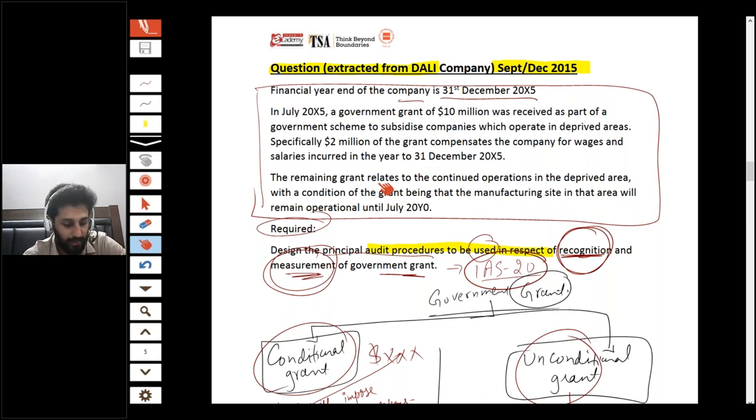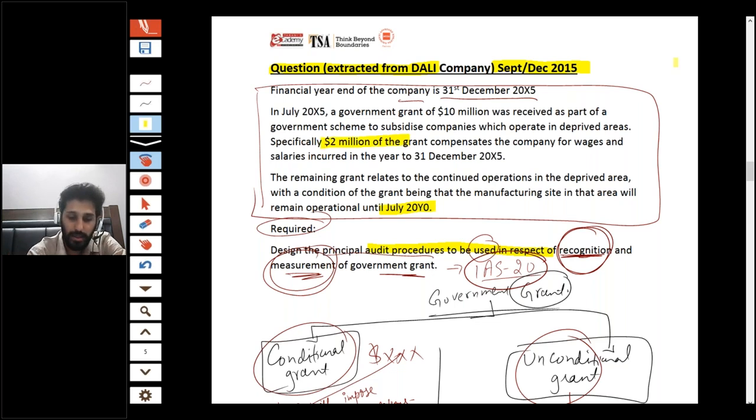The remaining grant relates to the continued operations in the deprived area, with a condition that the manufacturing site in that area will remain operational until July 20Y0. That means you can assume that after 5 years.